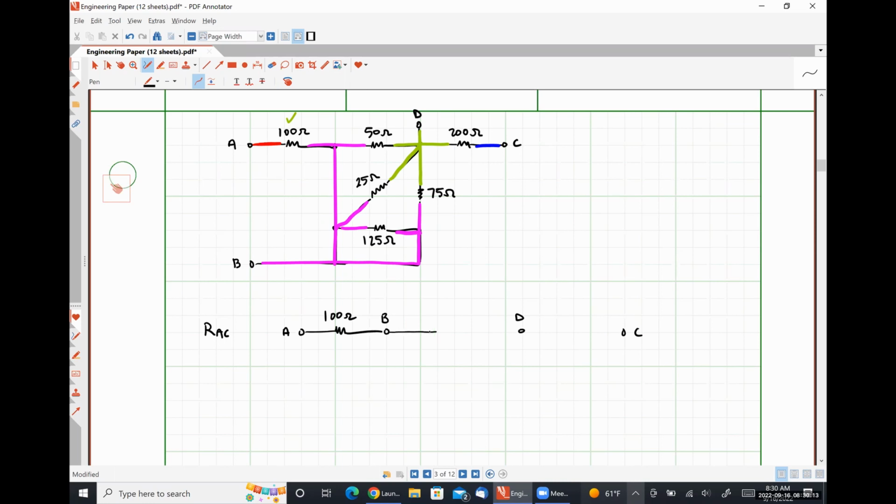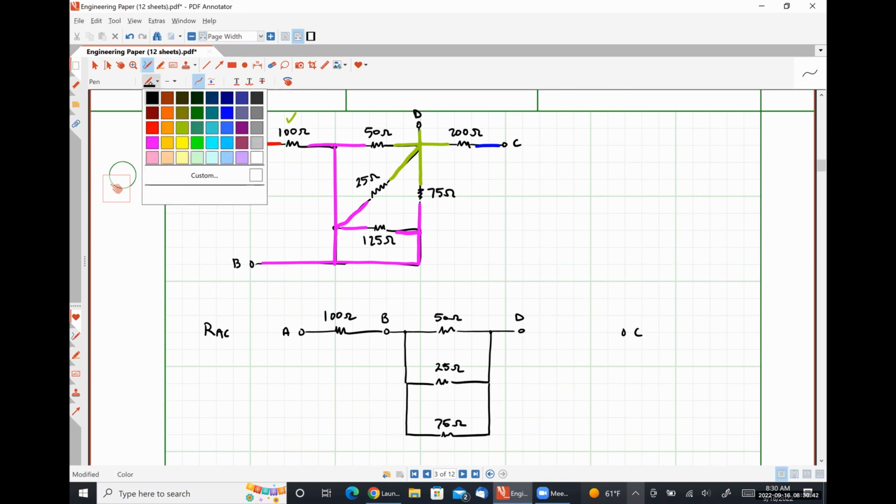So I'm going to put between B and D 3 resistors in parallel. I have my 50 ohm resistor, my 25 ohm resistor, and my 75 ohm resistor.